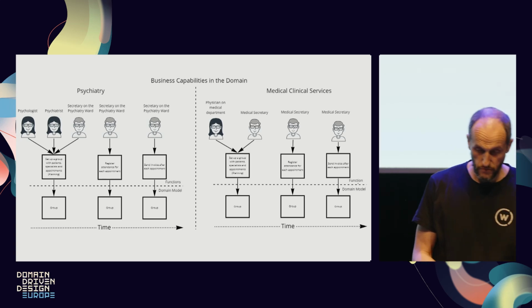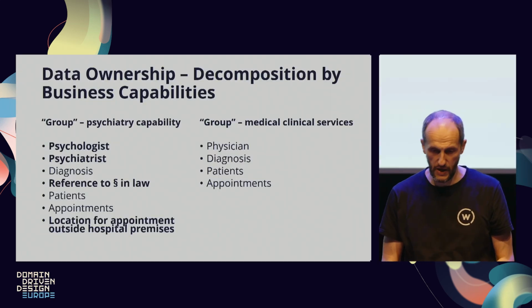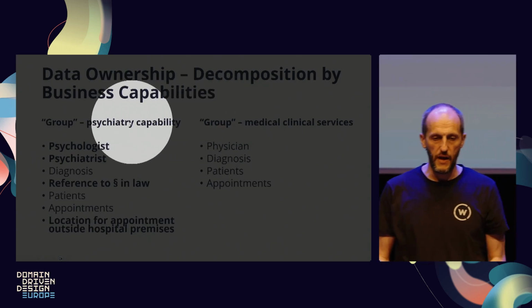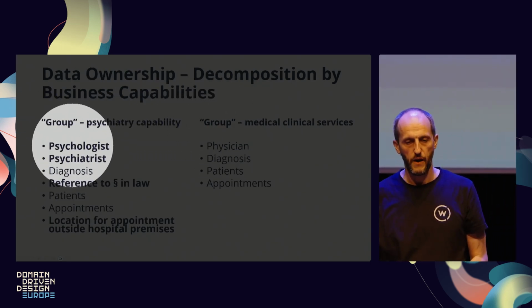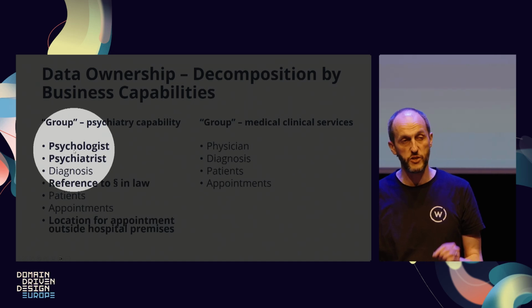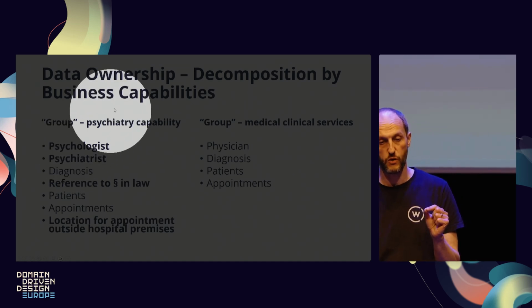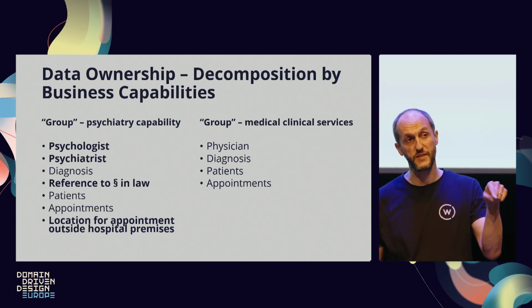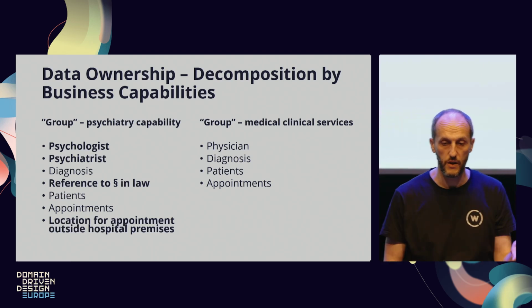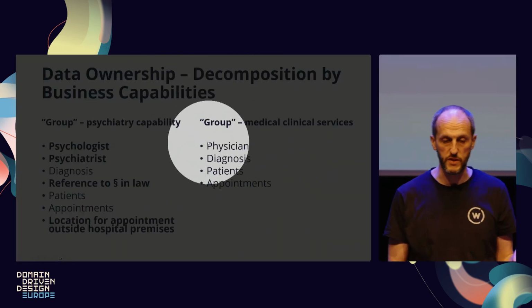And what did data ownership tell us about it? Well, now we are able to call our physician much more precisely, psychologist or psychiatrist, because when we are in psychiatry, we know what type of specialization we are dealing with. On medical clinical services, we have other concepts.